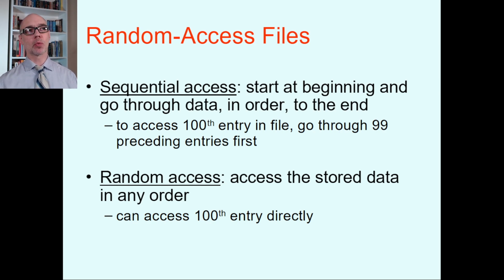So when we use the word random in these kinds of features, we do not mean from the user programmer's perspective that you're getting random, unpredictable data. This is from the computer's perspective, that the user is permitted to ask for any piece of data that they want.